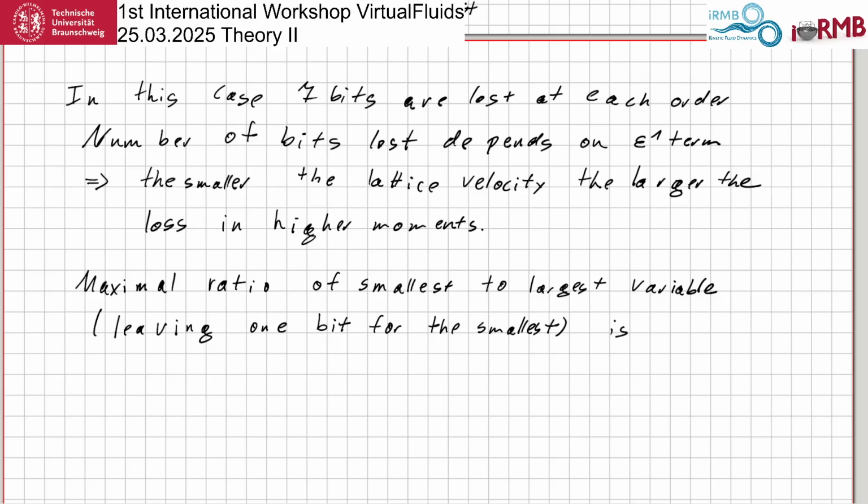So this is 2 to the power of the number of bits, 2 to the 23. So what is this? This is 8 million something, 8 million 3. That's the ratio that you can have between velocity and pressure in order to see pressure with 1 bit.